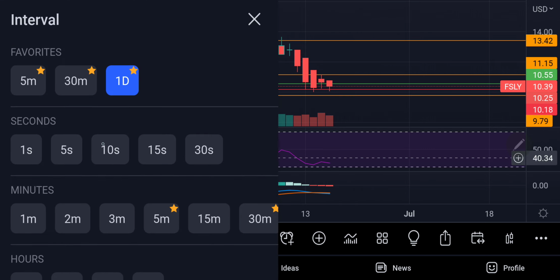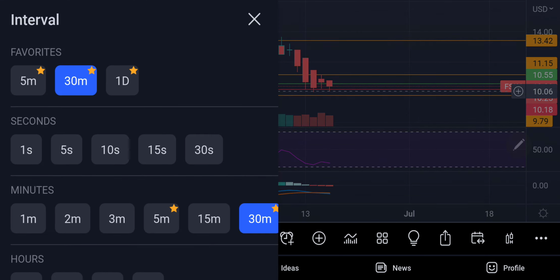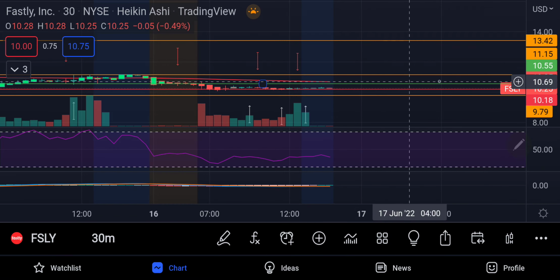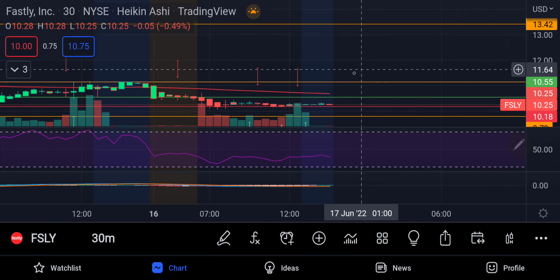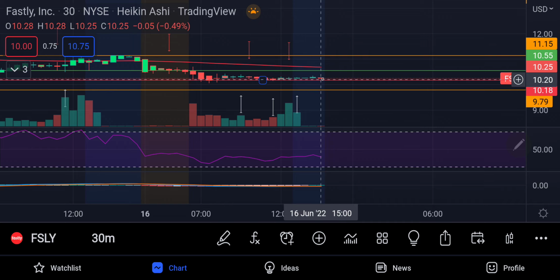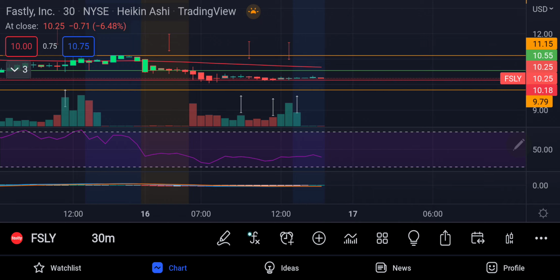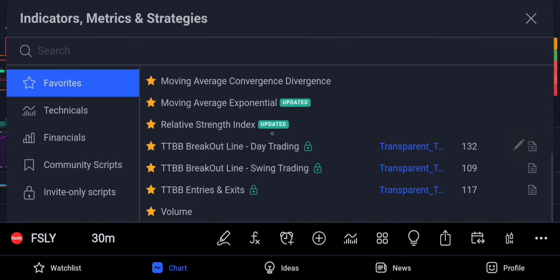Now, let's take a look at our 30-minute chart and see what is going on. At the close, we can see it's just right above our exit price. Let's take a look at the swing trade breakout indicator.